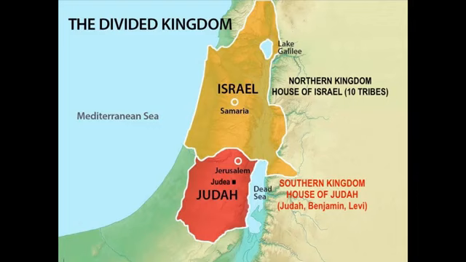So next time when you see in the scriptures they mention Samaria, that's referring to the northern kingdom. Same thing with the southern kingdom. When they mention Jerusalem in a verse, that means they are referring to the people of the tribe of Judah, or the southern kingdom. So I want you to grasp that concept, especially for the people who are coming to this knowledge.